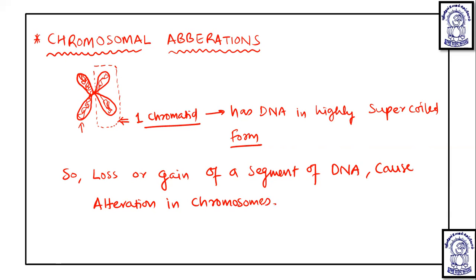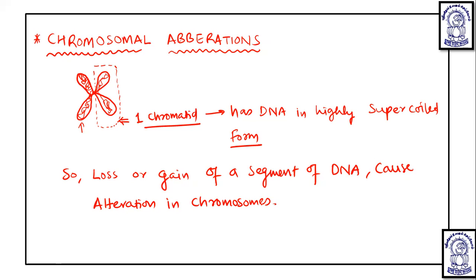Loss means deletion, and gain means addition, insertion or duplication. We also know that genes are located on DNA, and DNA is in a chromosome. So alteration in chromosome results in chromosome abnormalities or aberration. Why? Because the whole structure of the chromosome is going to be affected, so obviously genes are going to be affected. Thus this type of chromosomal aberration is commonly seen in cancer cells.